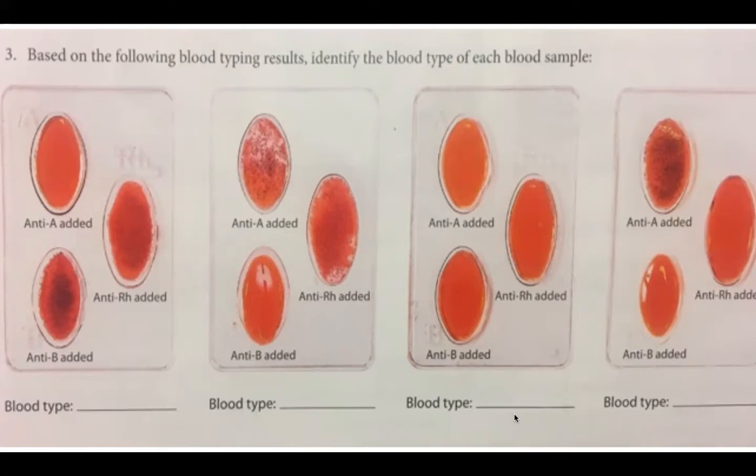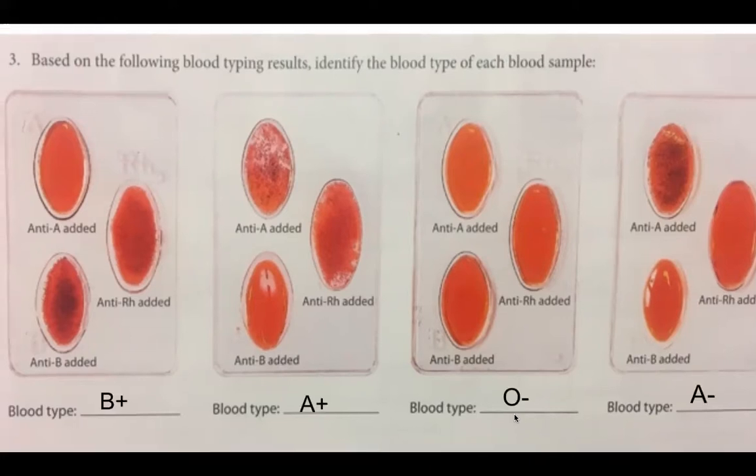Let's take a look. Did you get them right? The first blood type is B positive because it clotted in the B and it clotted in the Rh factor. The second blood type was blood type A positive, clotted with the antibody A and with the Rh factor. The third column, none of them clotted.